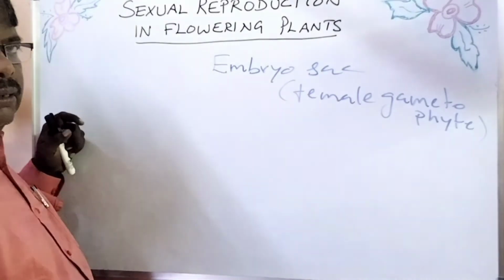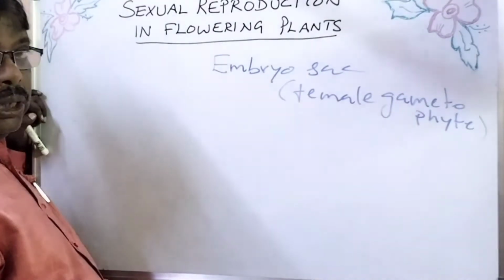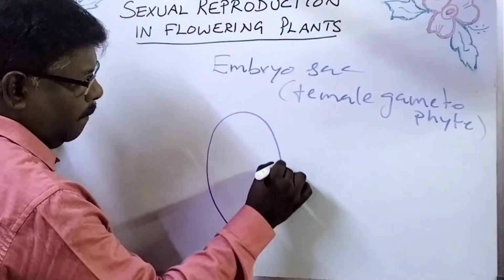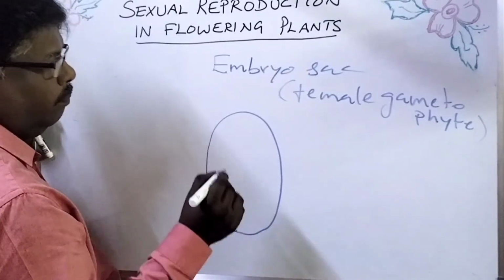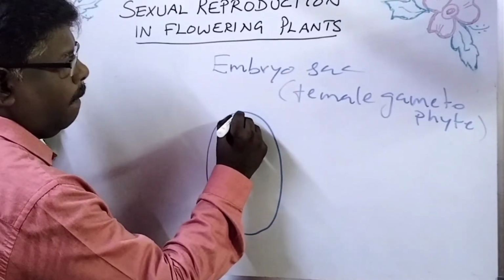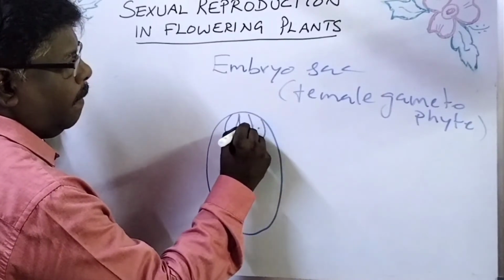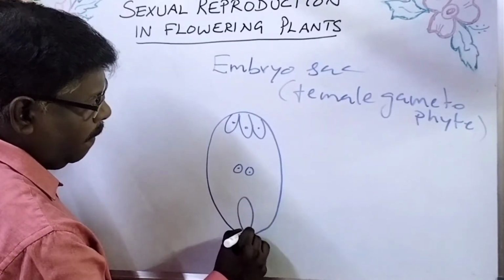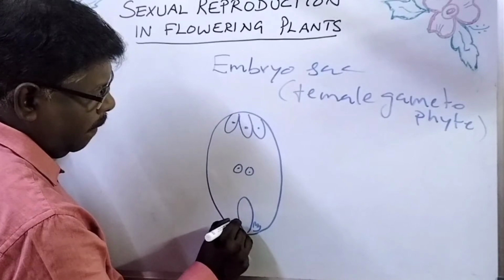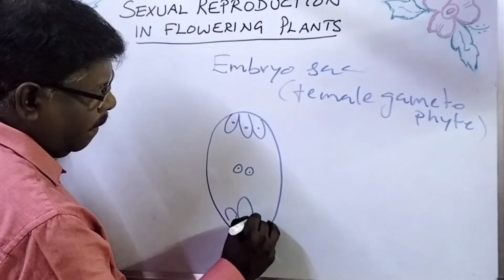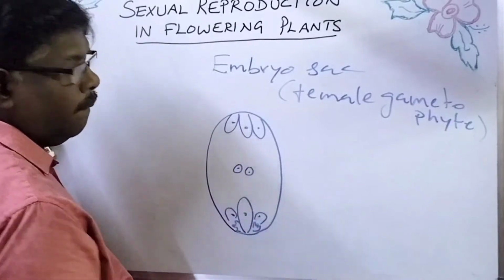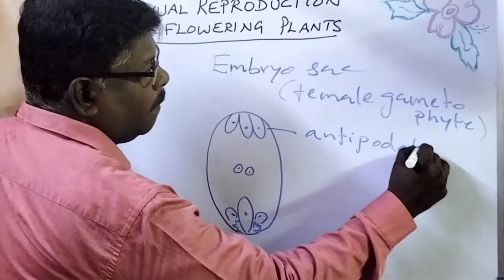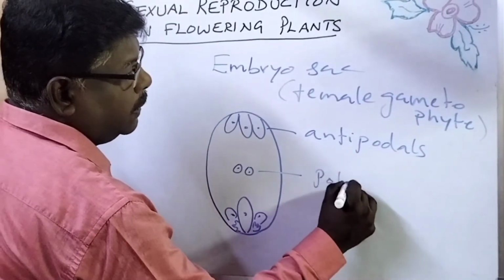Now we'll see the embryo sac having 8 nucleate stage. These are called antipodals. These are called polar nuclei.